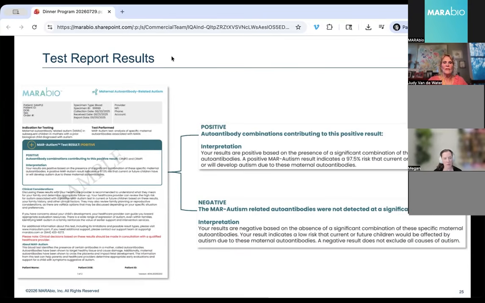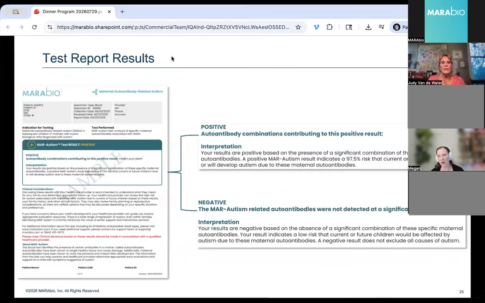Megan, there was a question that came in around if the MAR autism will show up only in a portion of offspring or any offspring. Can you comment on that? Yeah, and maybe I'll have Judy add on as well. It depends upon when these autoantibodies are present in the mother, and I think that's a question: when do these arise?